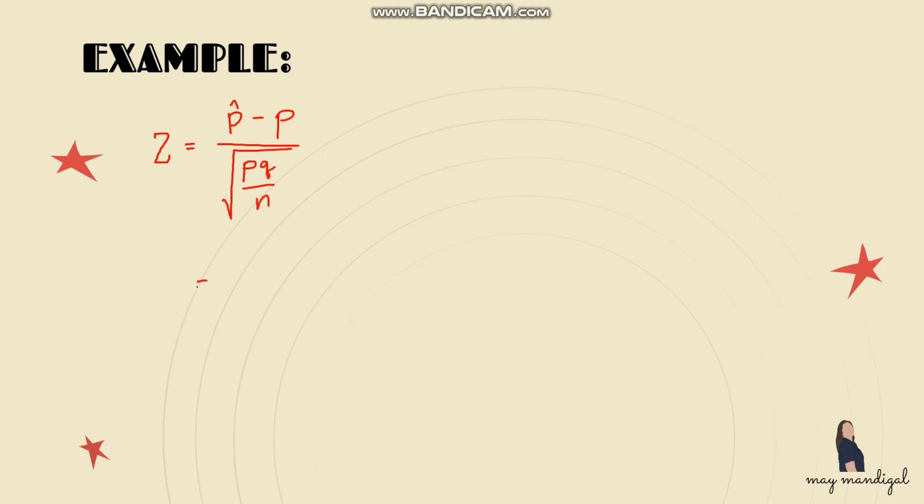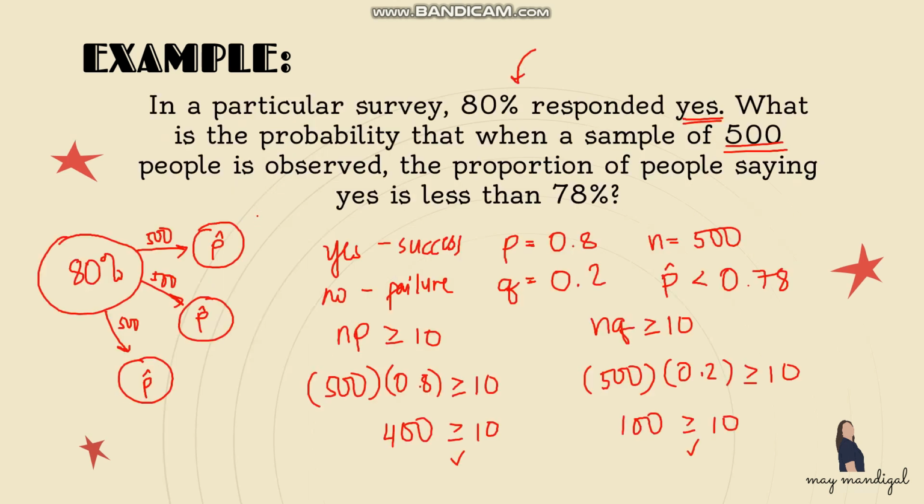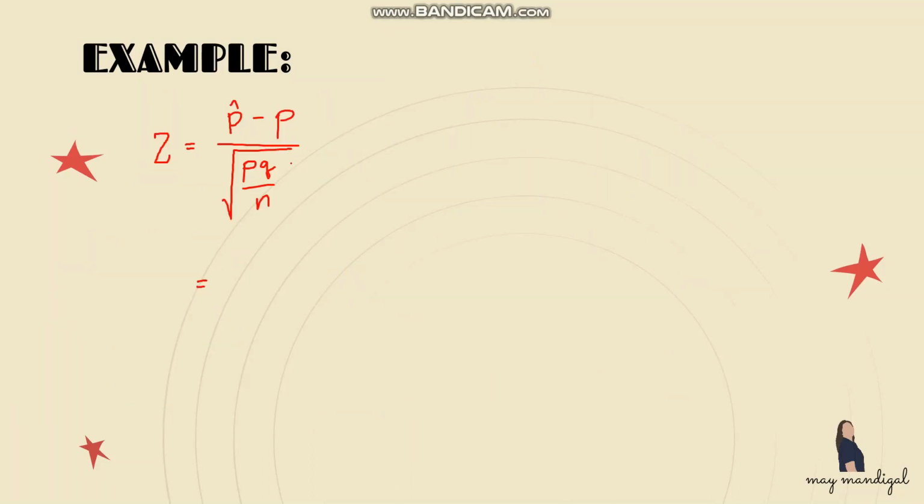So let's substitute the values that we know. So our P hat, since what we want is to identify the probability that the proportion of people saying yes is less than 78%, our P hat will be 0.78.